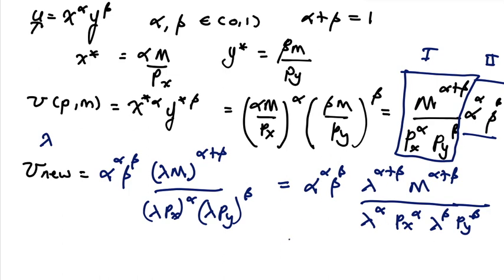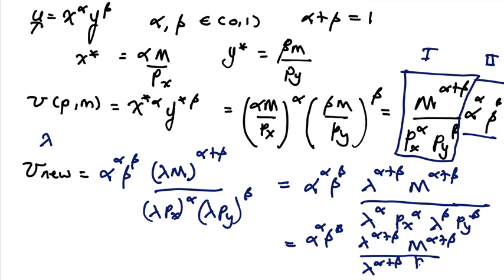Now, these can basically be rewritten as this: alpha to the power of alpha, beta to the power of beta, lambda to the power of alpha plus beta, m to the power of alpha plus beta, and then, because lambda to the power of alpha multiplied by lambda to the power of beta can be rewritten as lambda to the power of alpha plus beta, we have px to the power of alpha times py to the power of beta.